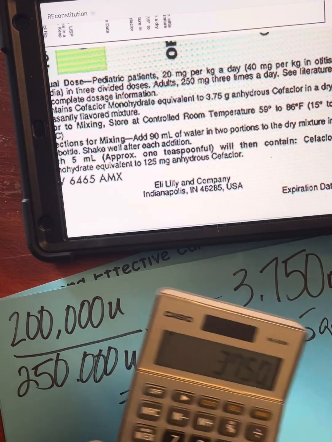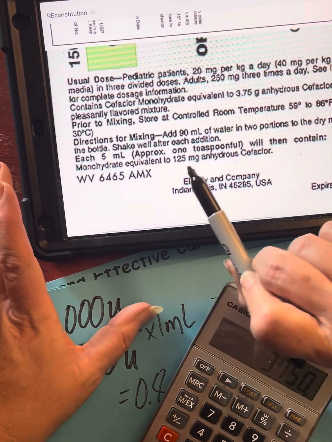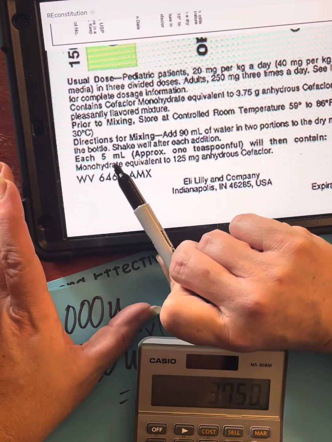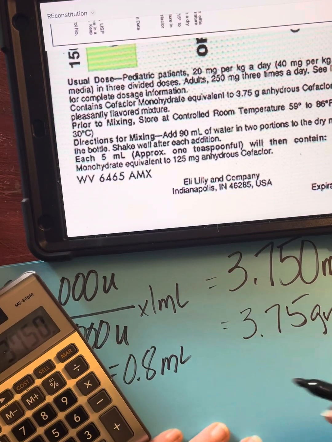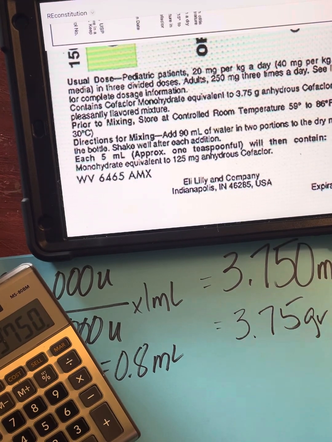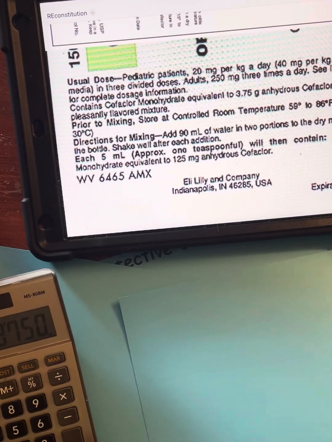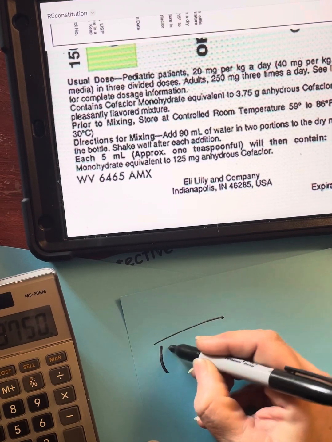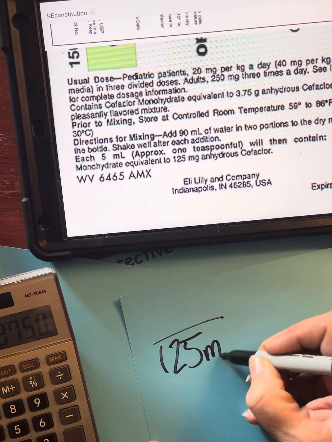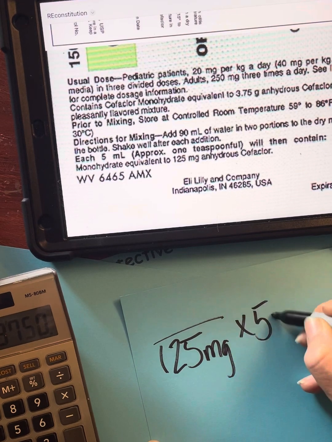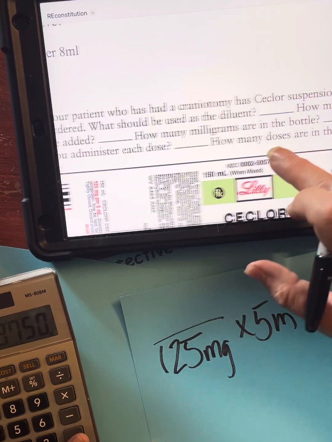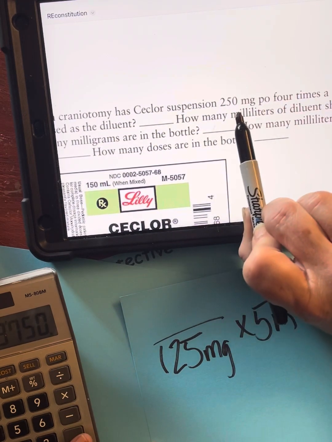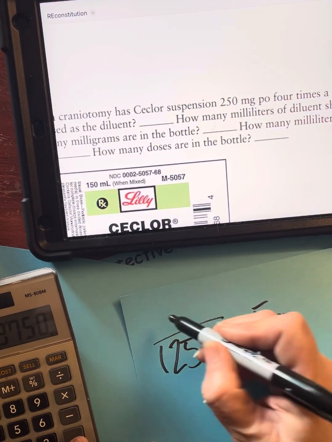But I know that each 5 milliliters is going to be 125. So what I have on hand is 125 milligrams per 5 mLs. I done forgot what the dude said he wanted. All right. He wants 250 milligrams.